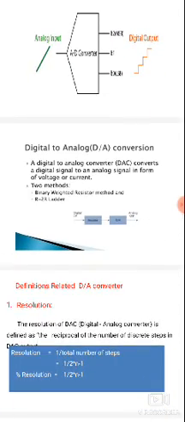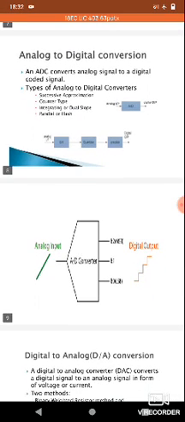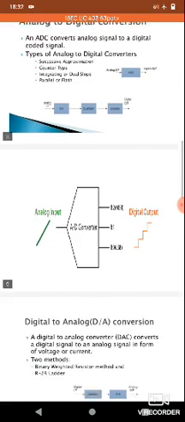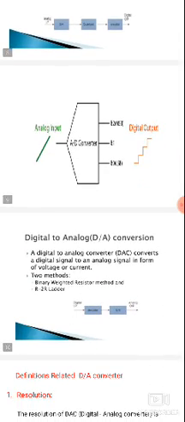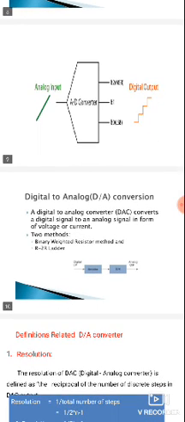Next, digital to analog conversion. It is the reverse operation of ADC. In analog to digital, we give an analog input and get a digital output. Here, in digital to analog conversion, we first give the digital input, and then we get the analog output. That is a digital to analog converter, also known as D2A converter or DAC.